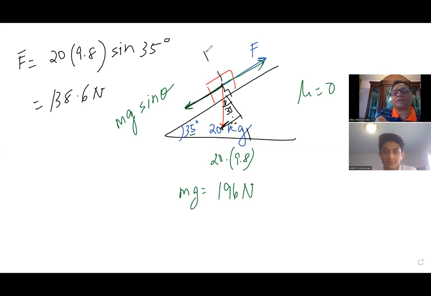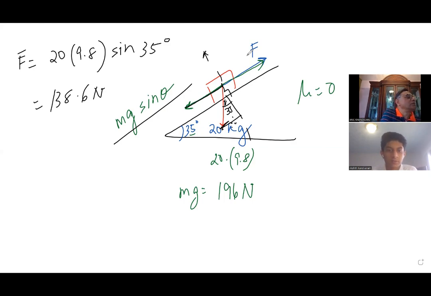And this normal is the cosine component here. You could resolve and see for yourself that this is mg sine theta, which acts downwards, and your force should be equal and opposite to this force to keep the object at the same position. Clear? Any questions? Yes, sir. Clear.